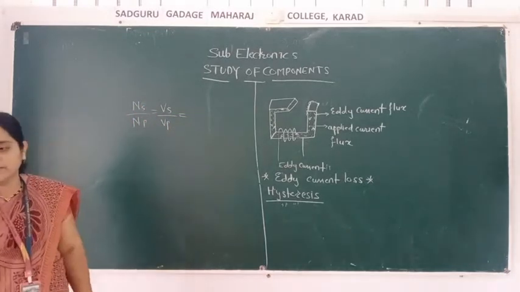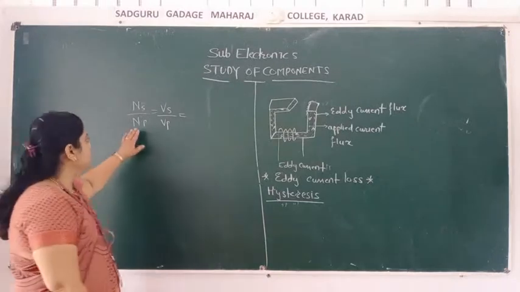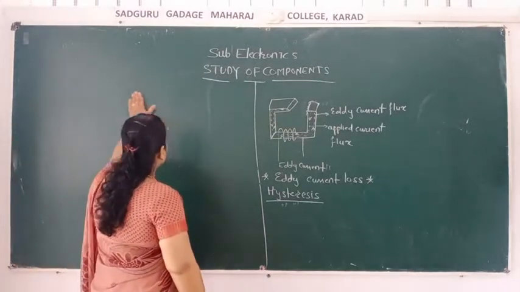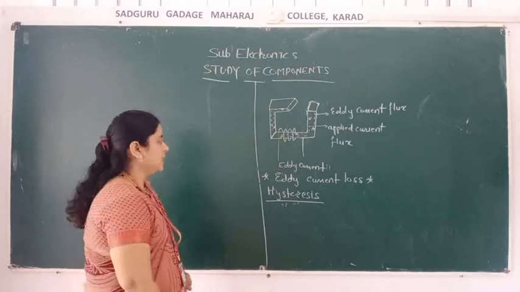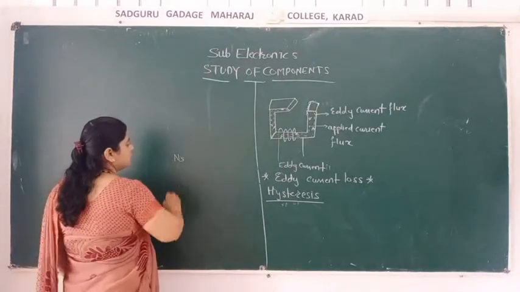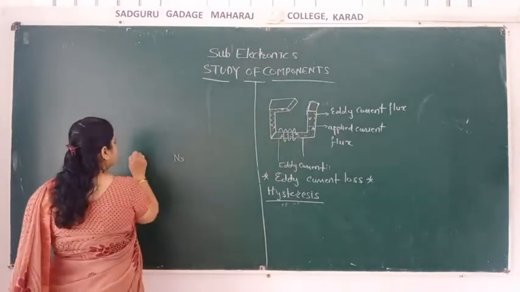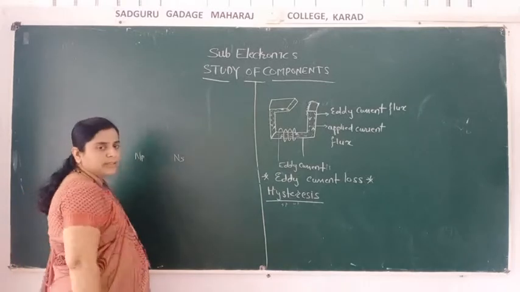All these equations we have seen. NS means the number of turns of the secondary, and NP means the number of turns of the primary.